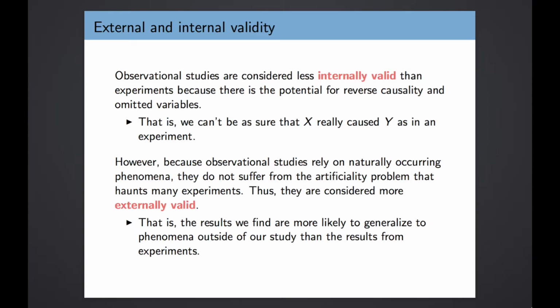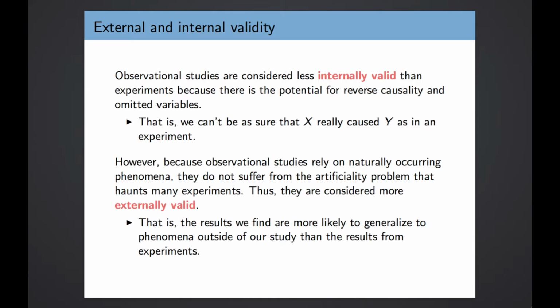However, because observational studies are fundamentally about just observing what is going on in the real world, we can have a higher degree of confidence about the external validity of our findings. In an observational study, particularly if we follow good random sampling procedures that allow us to generalize from our study to a whole population, we're observing things that are happening in the real world, and so we can be confident that what we observe is representative of actual processes that happen in the real world.